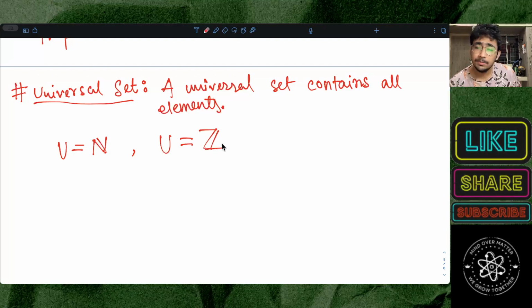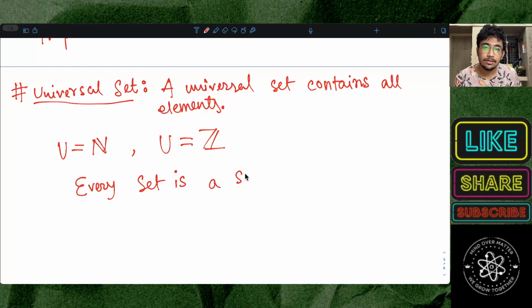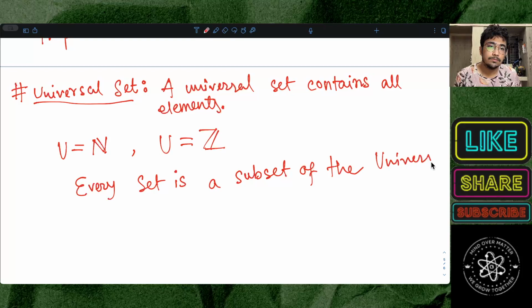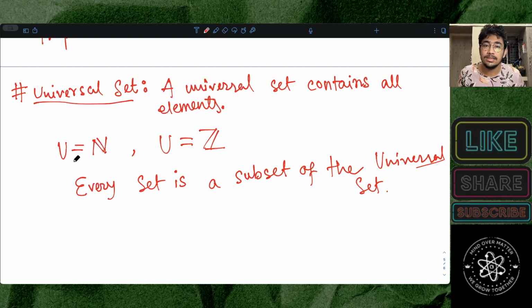And remember one thing, every set is a subset of the universal set. So that's how the universal set is defined. Every set has to be a subset of the universal set. So the universal set must contain all the elements.